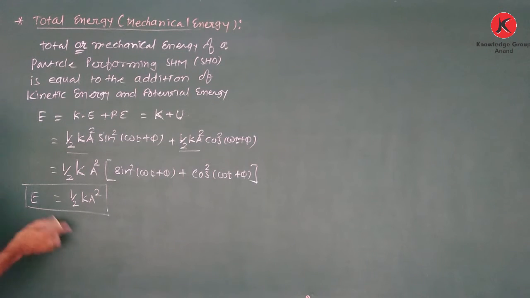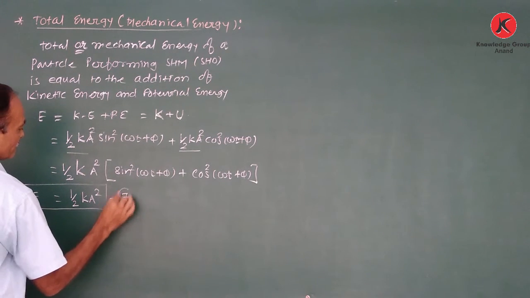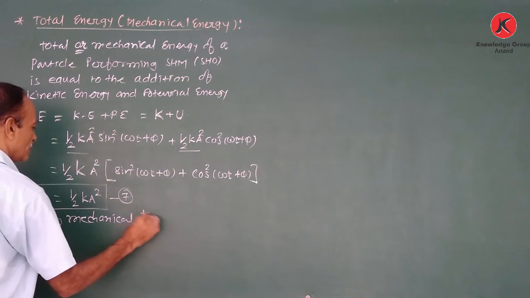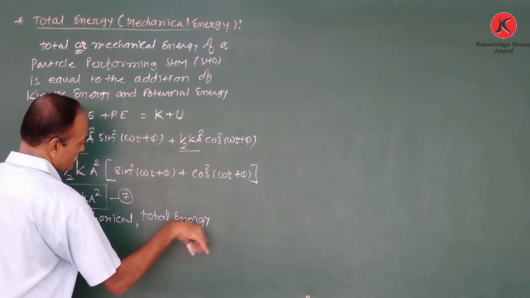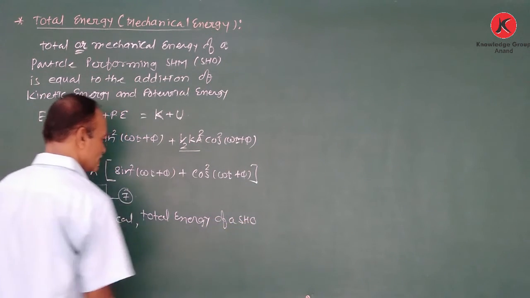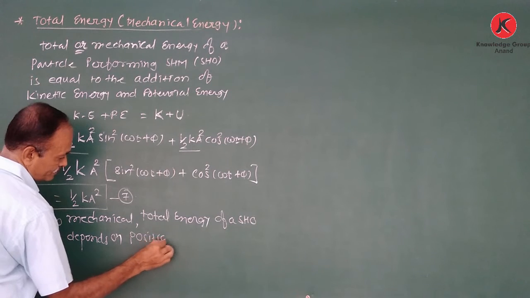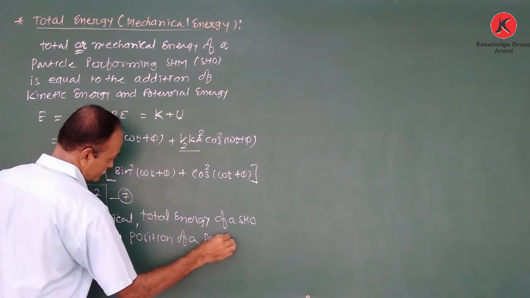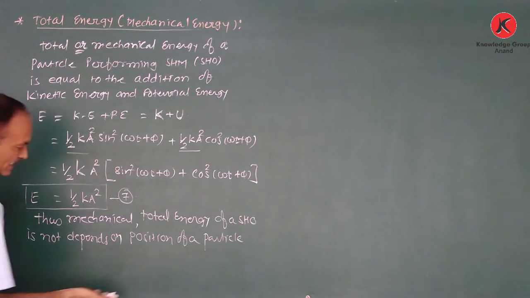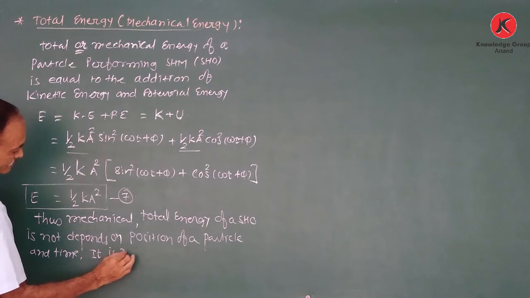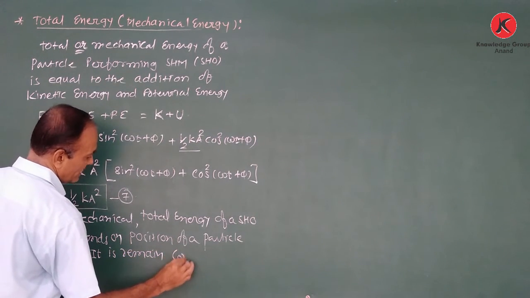Thus, the mechanical energy, that is equation 7, the total energy of a simple harmonic oscillator does not depend on the position of a particle and time. It remains constant.